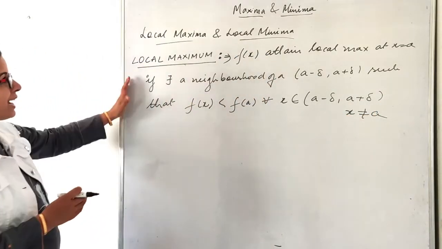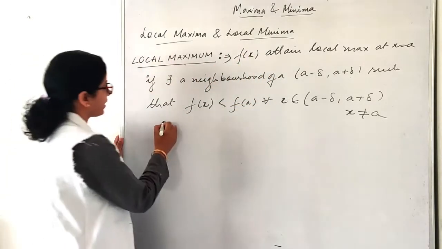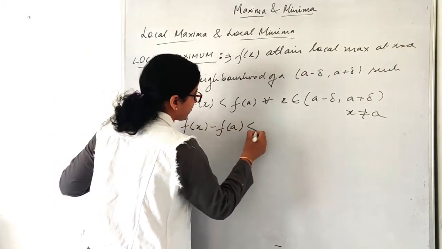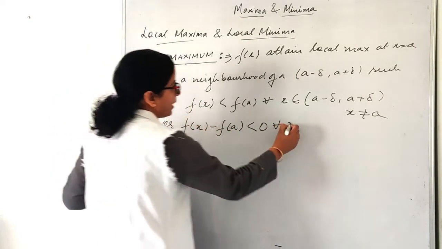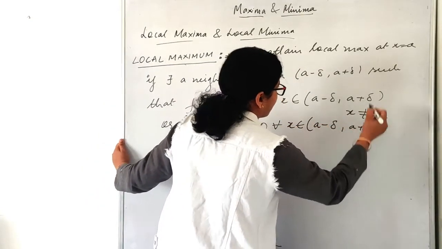Okay, so in that case my function will attain the local maximum value, or I can write f(x) minus f(a) should be less than 0 for all x belonging to (a minus delta, a plus delta).